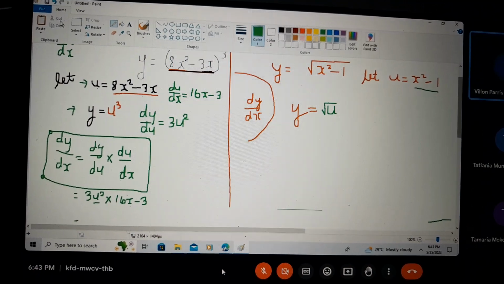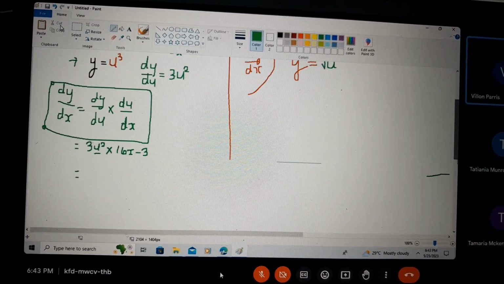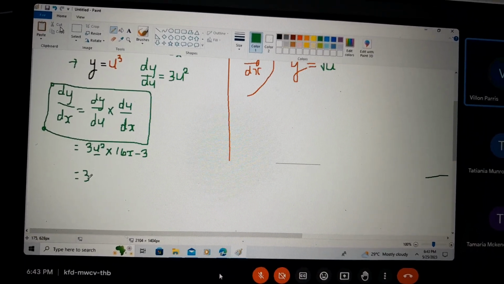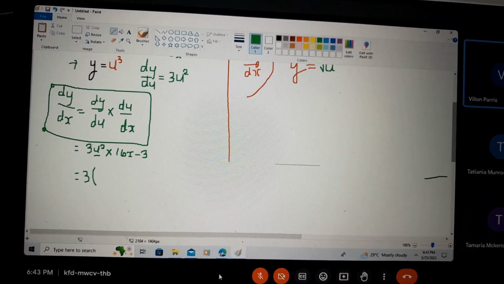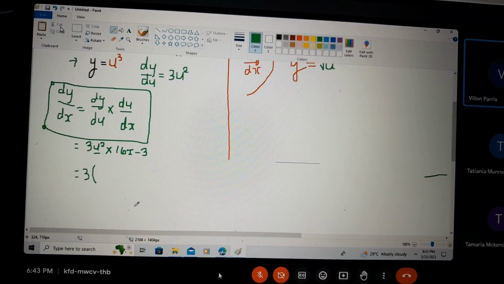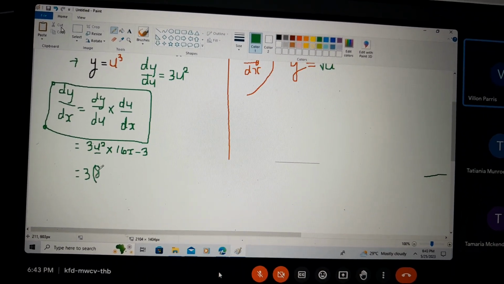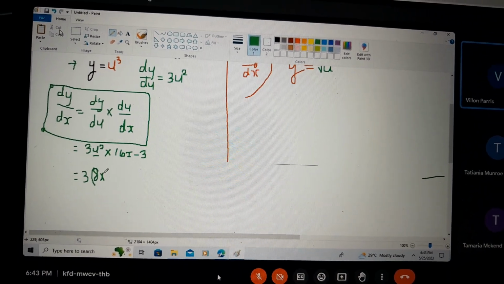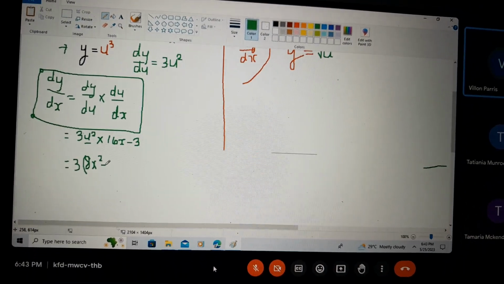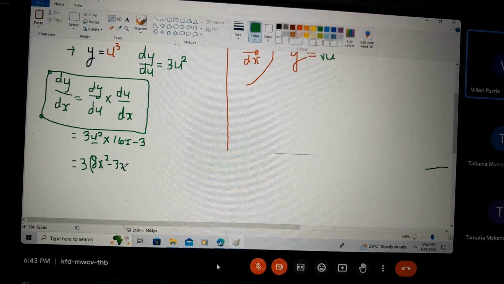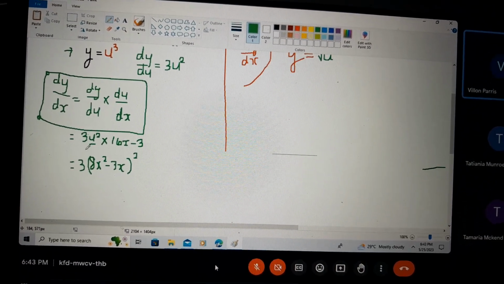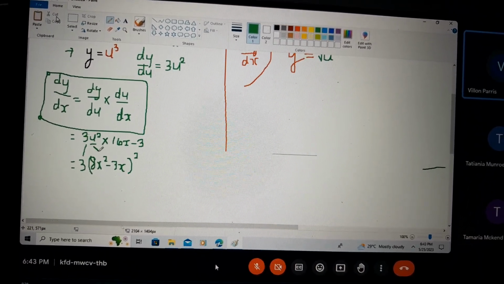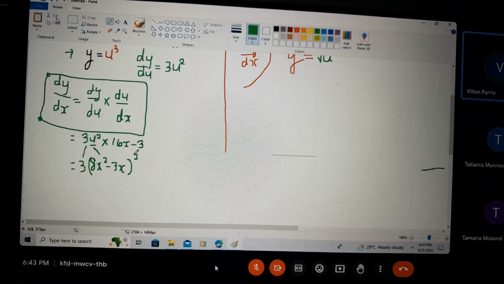So that will give us 3, substituting my value for u, 8x squared minus 3x, squared. So that's our 3 here, and this is u, and then I put a square on the outside.